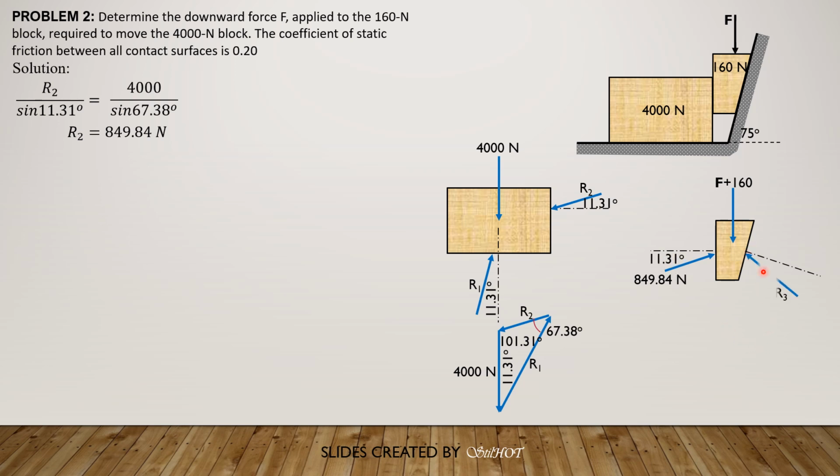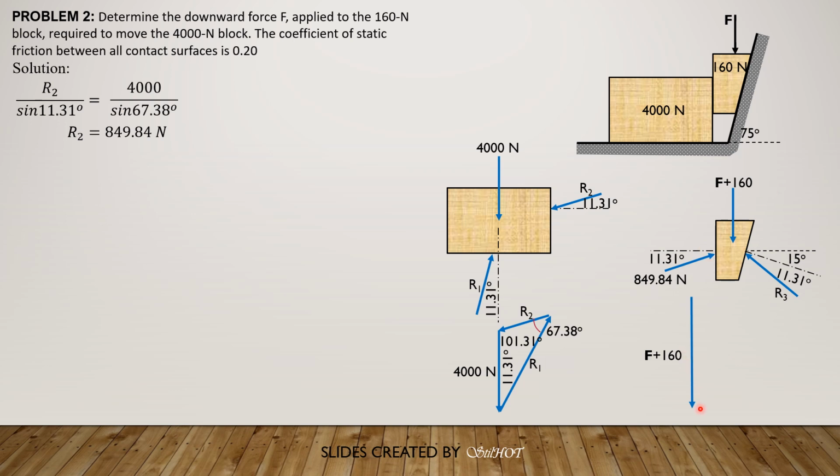And R sub 3 would be here, and it makes 11.31 degrees also with the normal, and the normal makes an angle of 15 degrees with the horizontal. So R sub 3 makes an angle of 90 minus 15 minus 11.31 degrees with the vertical. And that angle is 63.69 degrees.